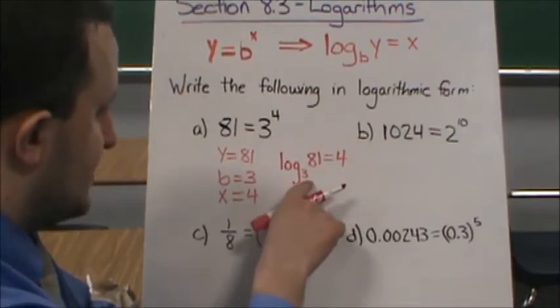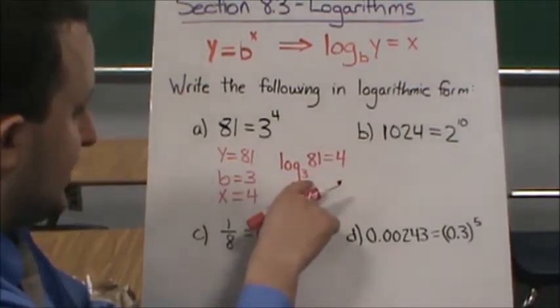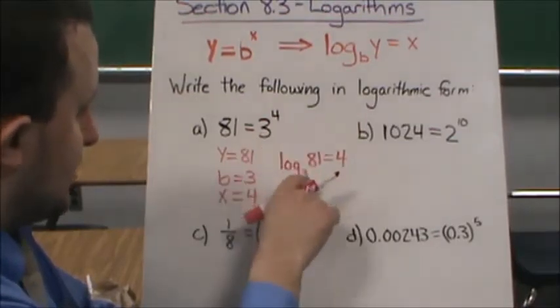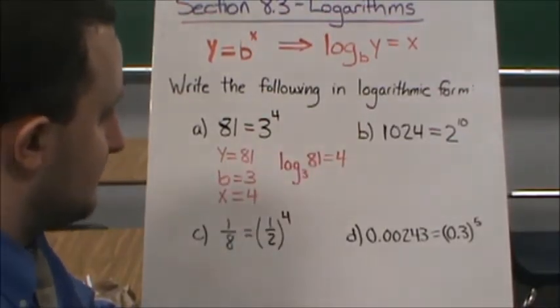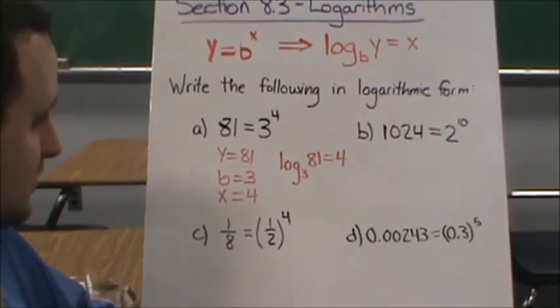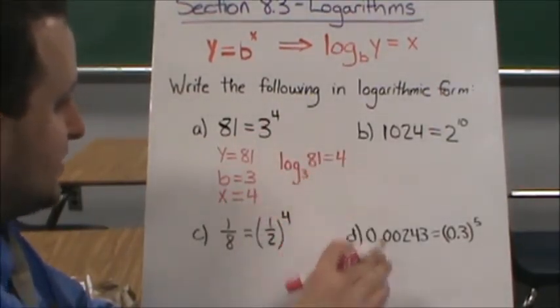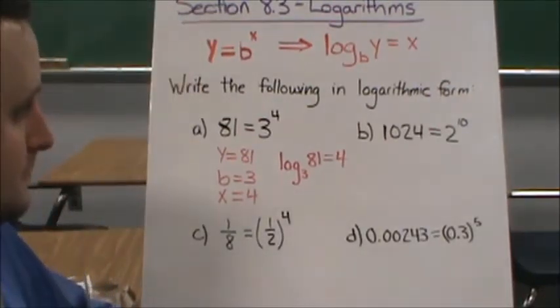If you want to think about the base here as the base of the exponent, whatever you're raising to a power, we're raising 3 to the power, so that will be automatically the base. So for 81 equals 3 to the 4th, it's log base 3 of 81 is equal to 4.